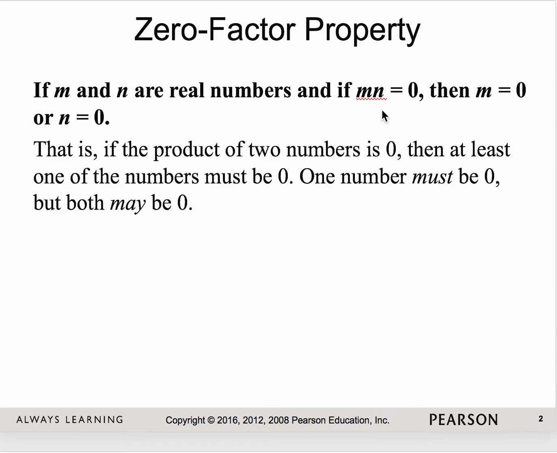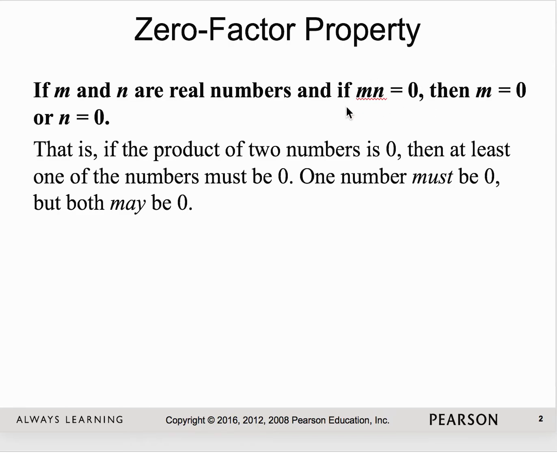It only happens with 0. If two things multiplied together equal 3, it doesn't mean one of those numbers is 3. It might be -1 times -3. It might be 6 times 1/2, right? The only time I can be assured of that is if it equals 0.